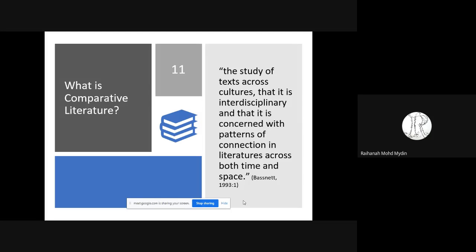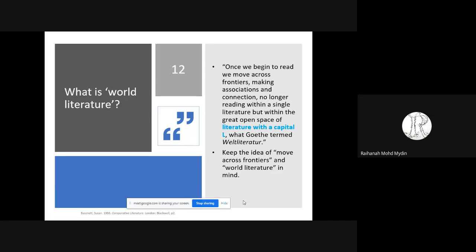Is it the text written by a writer on the Indian community, or on the Malay community, or the Chinese community, or the Bajau community, or the Iban community? There are many communities in this country, each one with its own culture. So I want you to keep that as something we come back to.